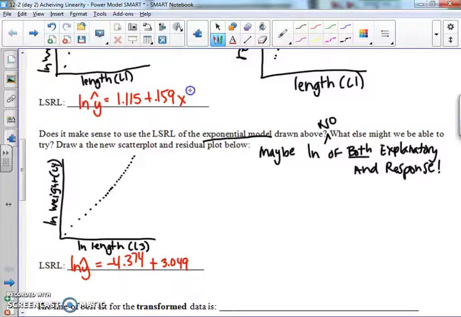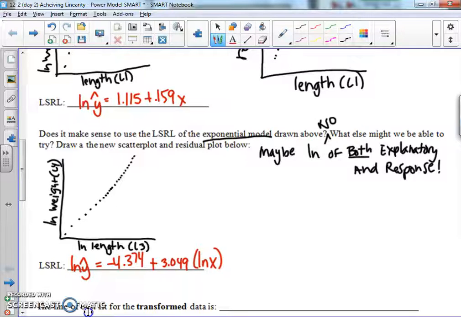But then up here, we wrote just the explanatory, but we don't use just the explanatory anymore. What we are using is the natural log of the explanatory. So you want to, again, input the natural log into that space. So we took the natural log of the response, we took the natural log of the explanatory. We still write the equation the same, we just have to indicate where we took the natural log.